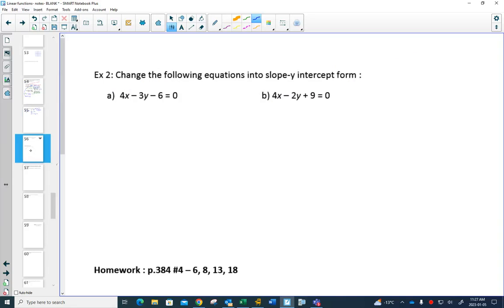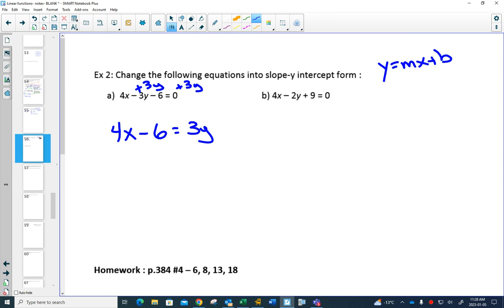Okay, ready? So change the following into slope-intercept form. The key thing is that the y is by itself. Can you see that we have general form here? If I wanted the y by itself, I could, first of all, add the 3y, so I have the term with the y by itself on one side.